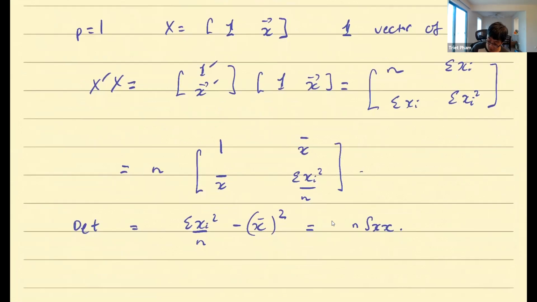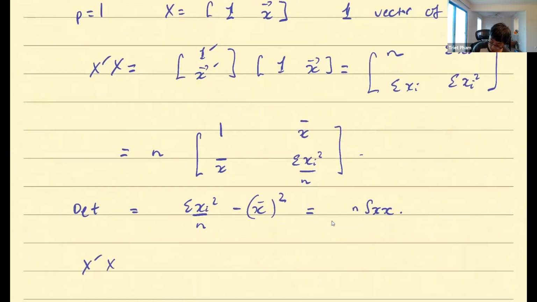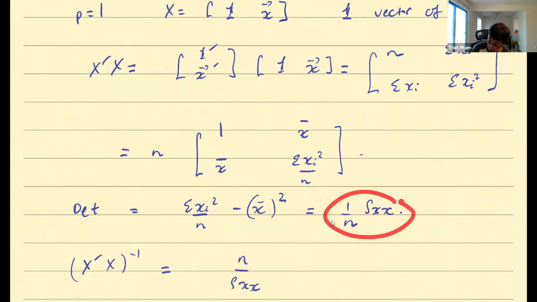Oh sorry, it will be SXX over N. So X prime X inverse will be N over SXX, 1 over the determinant.